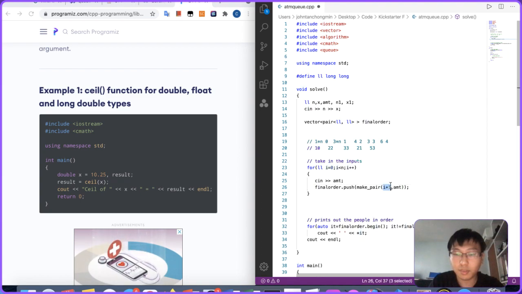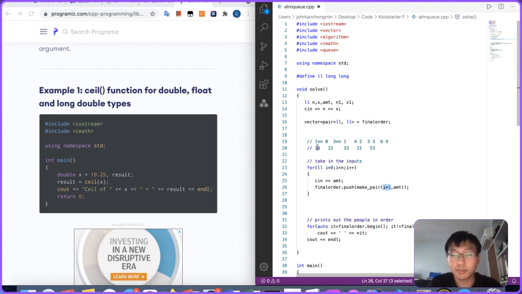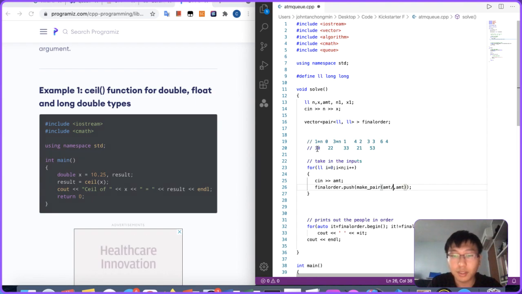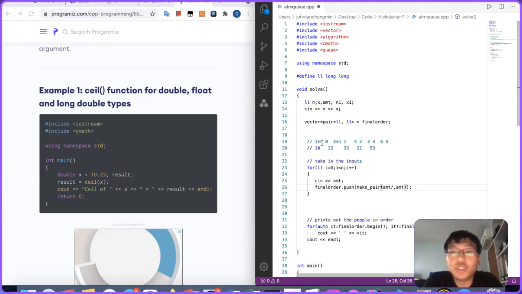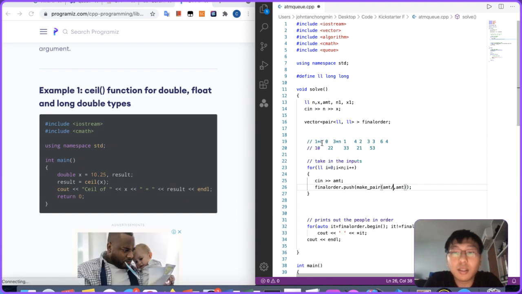This one at the beginning it will just be amount divided by. Actually, I just realized something. If I just do a simple division like that, I'll need to take the ceiling.